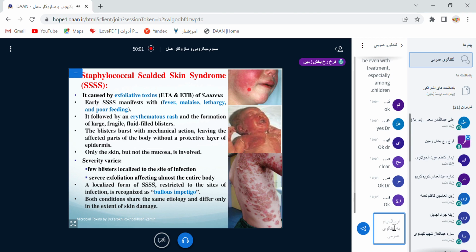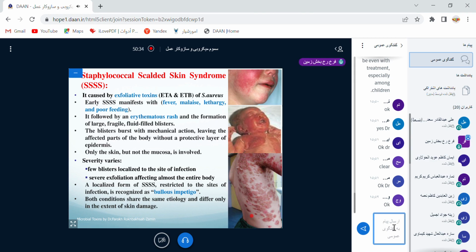Sometimes this syndrome is localized, only one part of the body. Sometimes it is the whole body: the face, the chest, the back, the hands, the feet. The whole body can be covered over the surface.